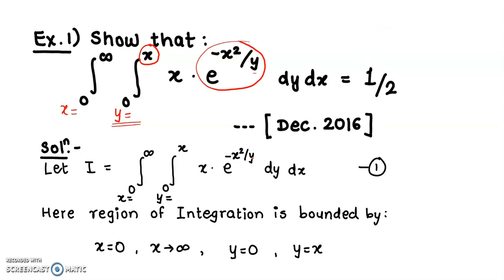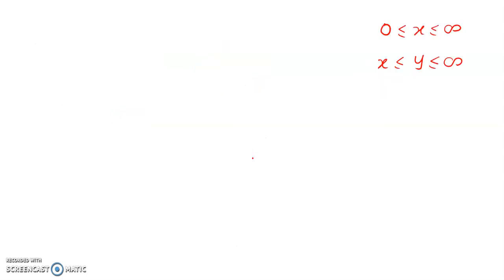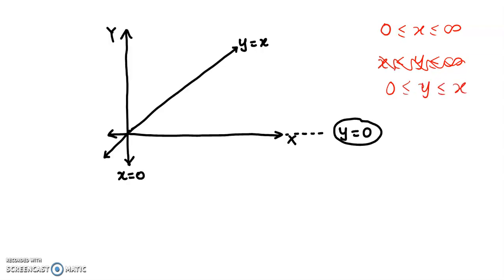So y varies from 0 to x instead of x to infinity. Our range for variable y is from 0 to x. So as y varies from 0 to x and x varies from 0 to infinity, the required region of integration is this part.